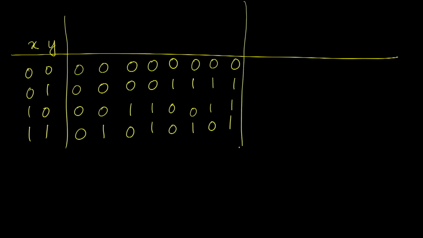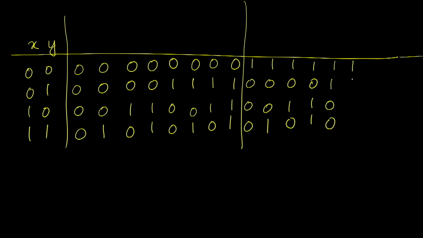These form half of the possibilities. The remaining possibilities will complement these. Then we have 1 0 0 0, then 1 0 0 1, 1 0 1 0, 1 0 1 1, 1 1 0 0, 1 1 0 1, 1 1 1 0, 1 1 1 1.